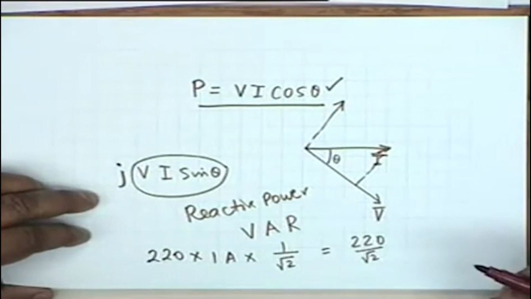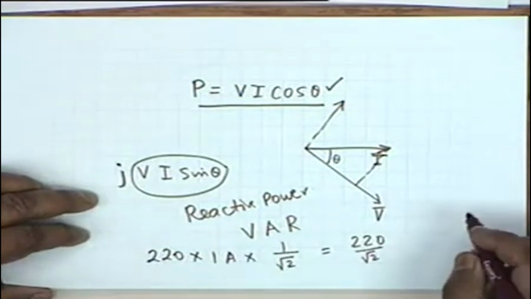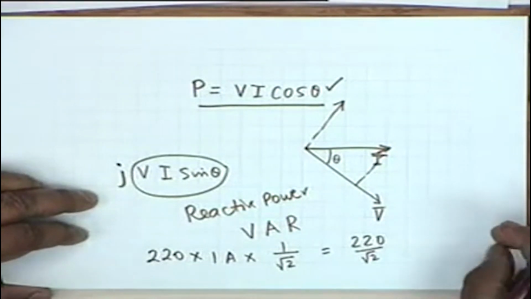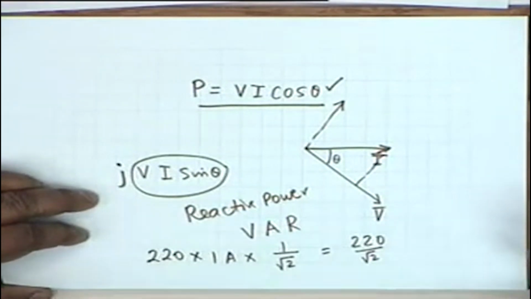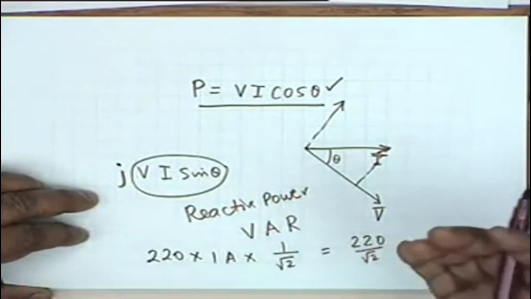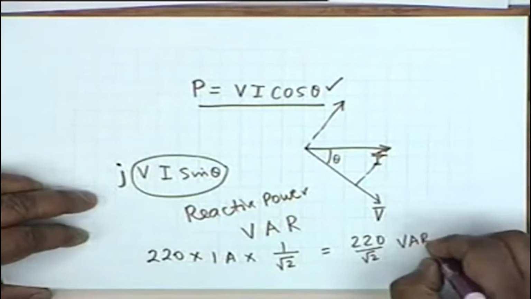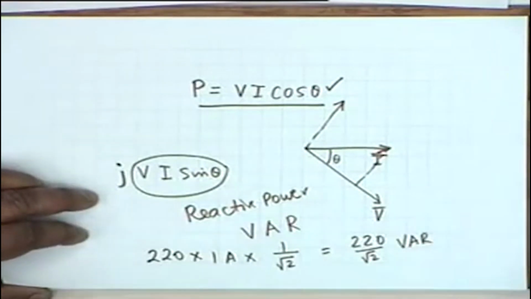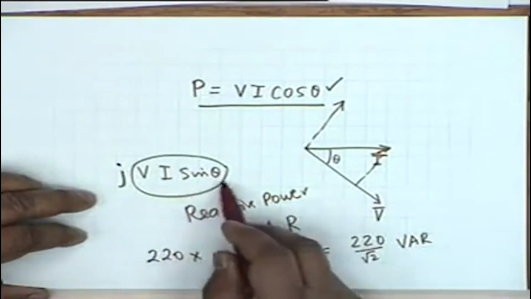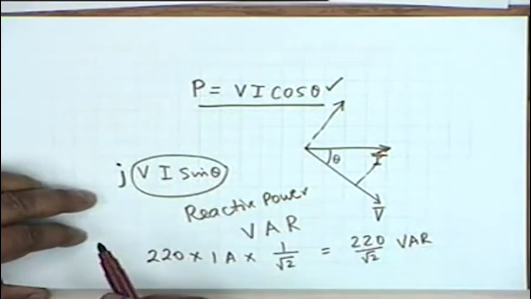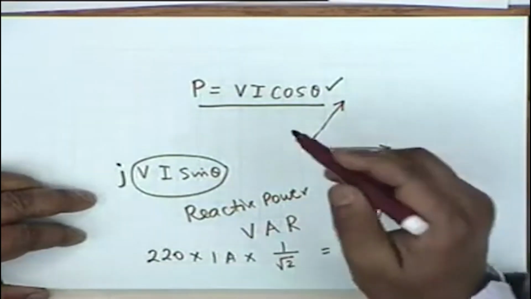Actually the unit should be watts, but we don't say watts, because watts is reserved for the energy dissipated or absorbed, energy which cannot be recovered, which is lost. So this is not called watts, this is called 220 by root 2 VAR, volt ampere product, reactive, but multiplied by sine theta.